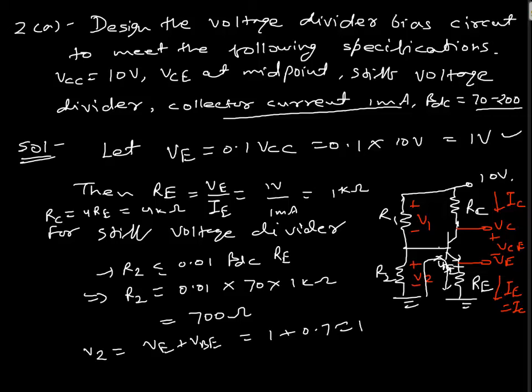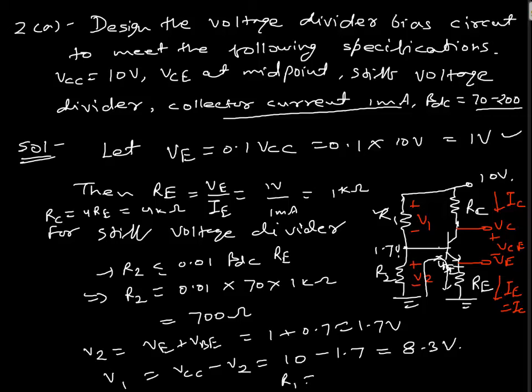It means this value is 1.7 volt. It means what is the voltage across R1? It will be nothing but 10 minus 1.7. So we can write V1 will be VCC minus V2, which is 10 minus 1.7, which is 8.3 volt. So this is V1. Okay. Now, what is R1?